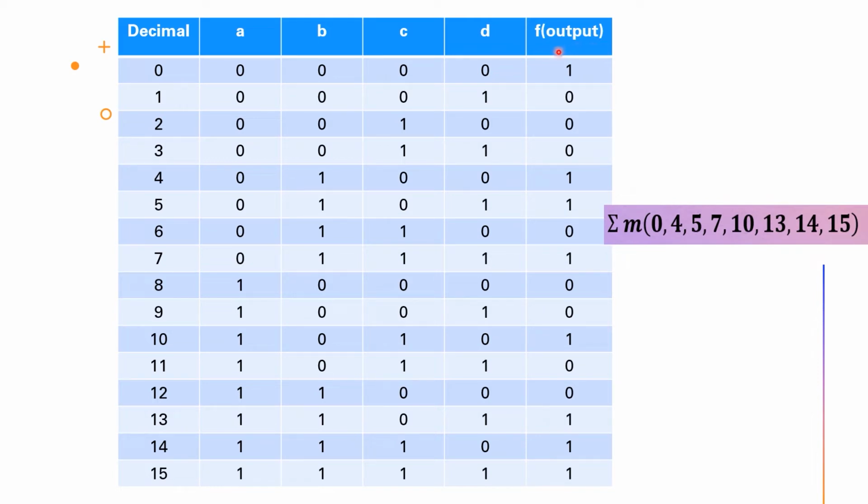To determine the bit for f, we need to find the entries of the SOP, which are 0, 4, 5, 7, 10, 13, 14, and 15. For these entries, f will equal 1. You can see that 0 is 1, 4 and 5 are 1, and so on. For the remaining entries, the bit will be 0.